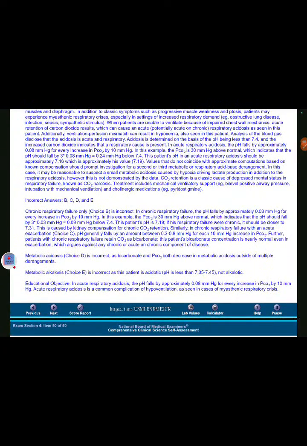In chronic respiratory failure, the pH falls by approximately 0.03 for every increase in PCO2 by 10 mmHg, whereas in the acute case it is 0.08 for every 10 mmHg increase.